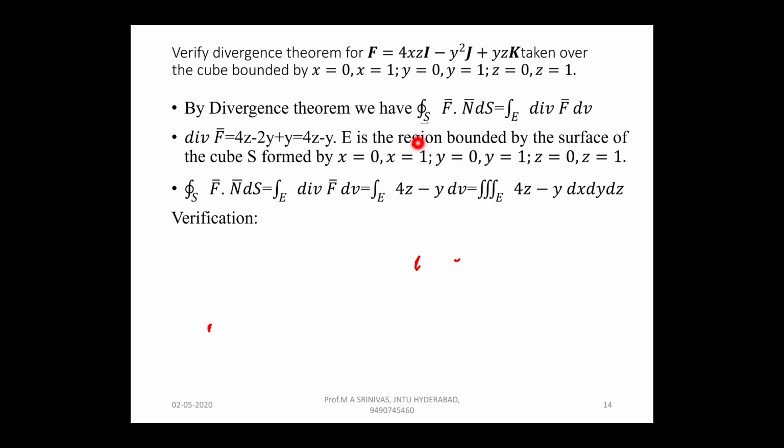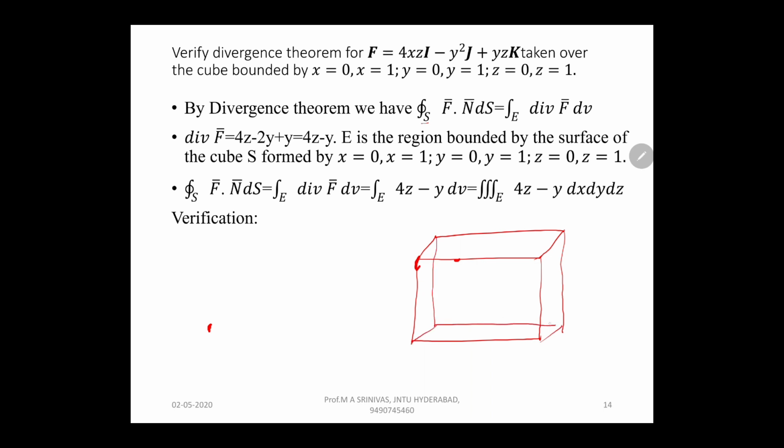Now, let E be the region bounded by the surface. What is the surface he has given? He has given it as a cube. So this is the surface given to you here. This is the cube.